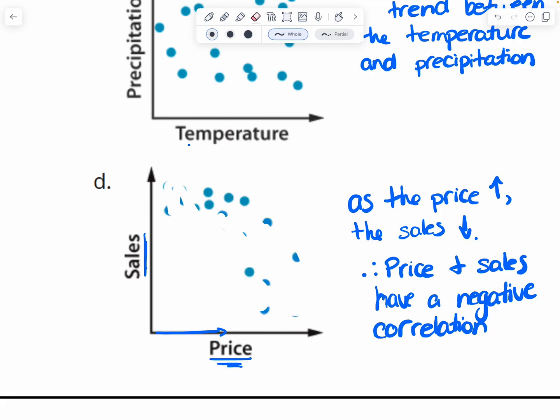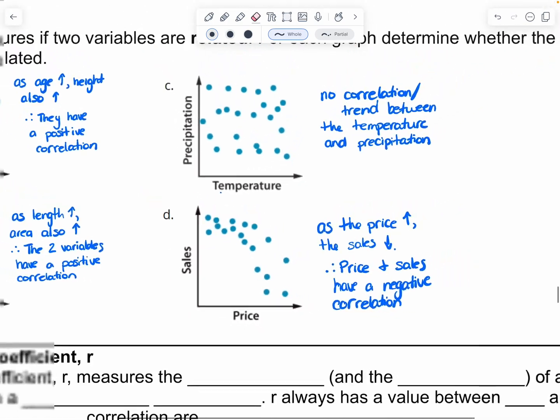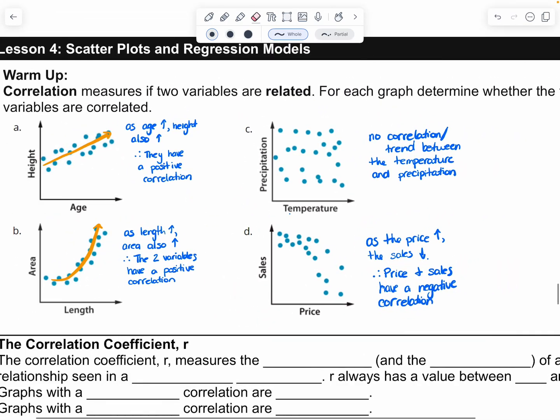I'm going to zoom out and talk about a few things. Feel free to add some kind of points. In the first two, I already drew a line or a curve that represents the data. For the sales, maybe you could say it does this, or maybe it does that. But this is what we're going to talk about now.